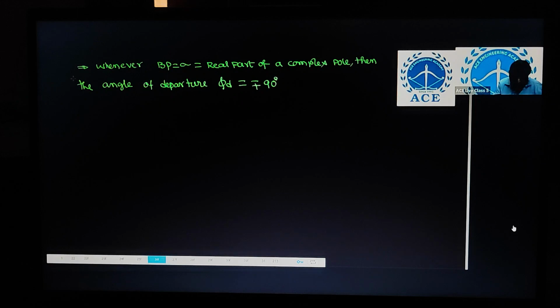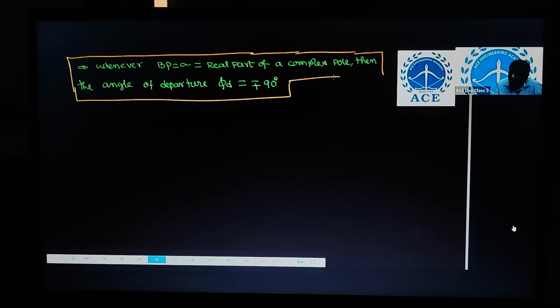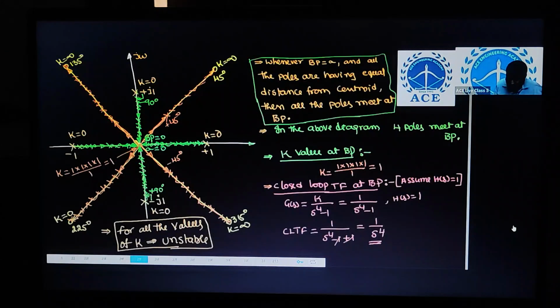It is valid for all problems. Any numerical you take, breakpoint equal to centroid equal to real part of complex pole, don't calculate the angle of departure. Directly write minus or plus 90. Check it here: breakpoint 0, centroid 0, real part of complex pole 0. All are 0 means don't calculate. Simply minus or plus 90.